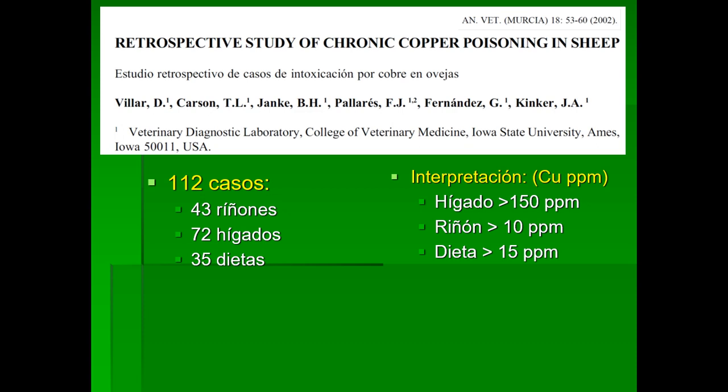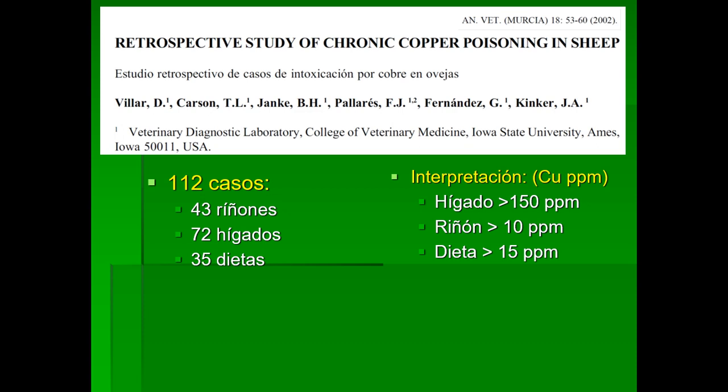This is a paper that we published from more than 100 cases of sheep diagnosed with chronic copper poisoning, submitted to Iowa State University. Ideally, you want to submit both liver and kidney and the diet fed to the animals.